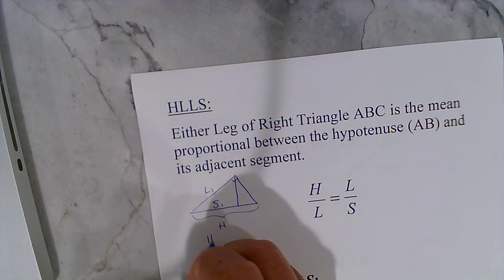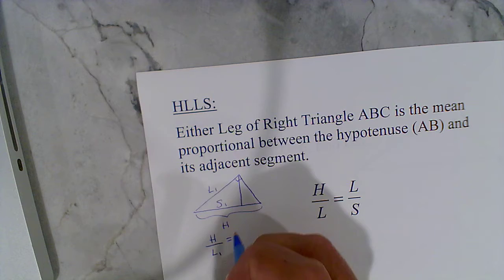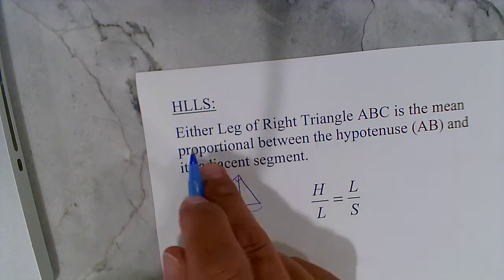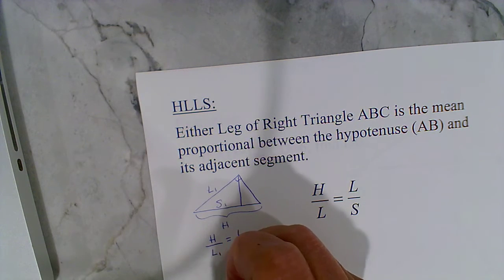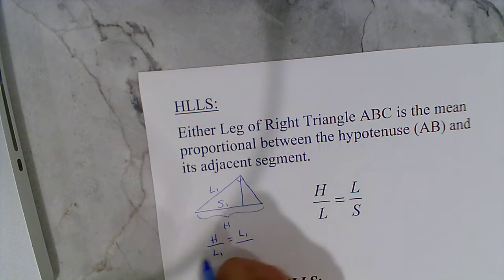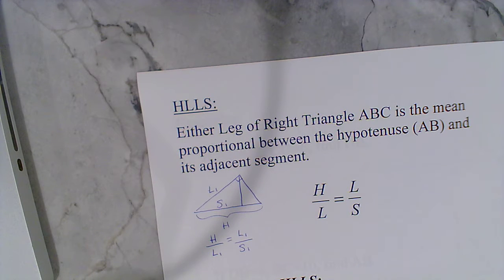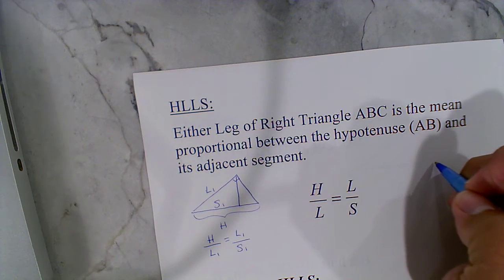That's your hypotenuse over your leg 1, and that's equal to, again, if it's mean proportional, bottom left and top right have to be the same, leg 1 again, over which segment if you're dealing with leg 1? It's got to be segment 1.